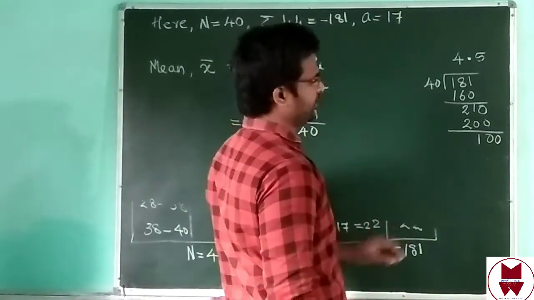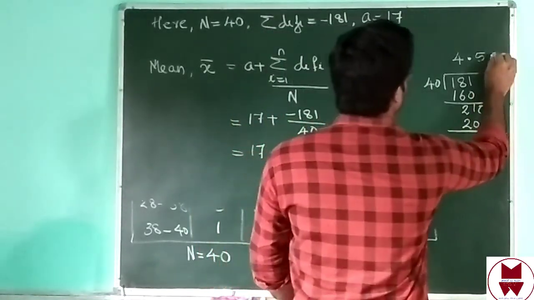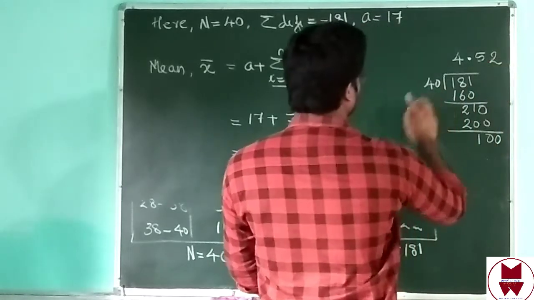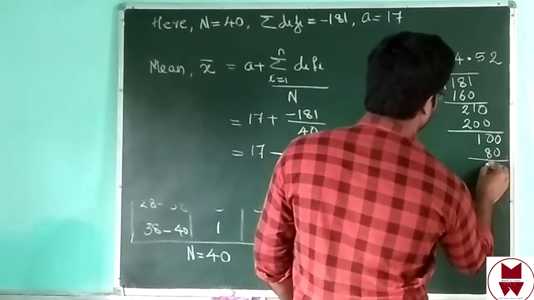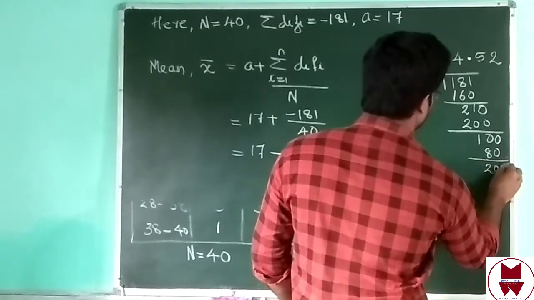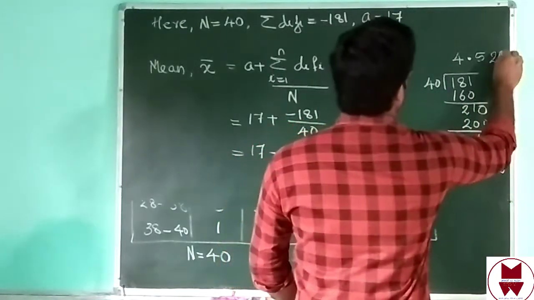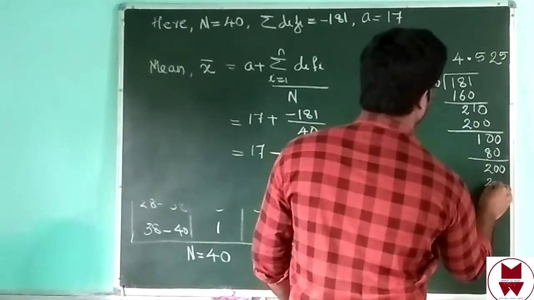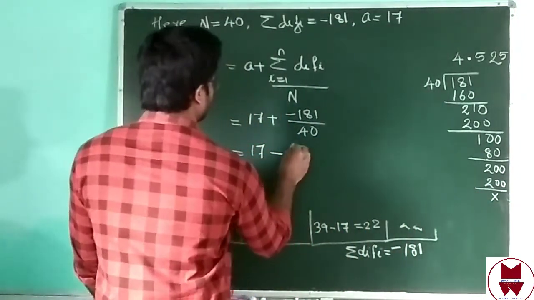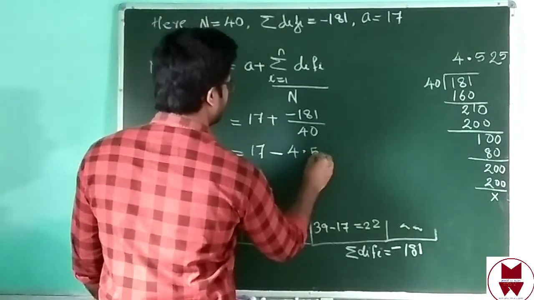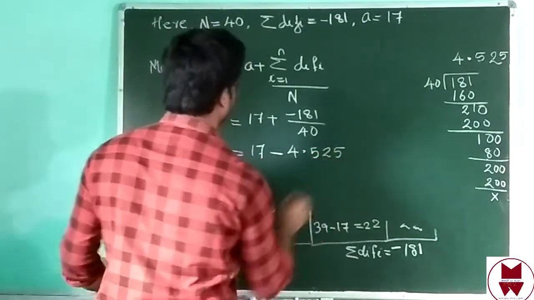In 100, how many times 40? 2 times. 2 into 40 you will get 80. Then remaining 20, add 0. In 200, 5 times 200. 4.525.